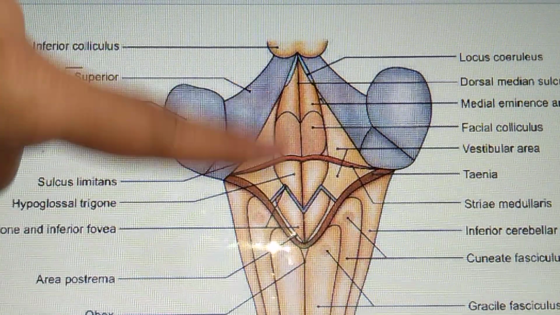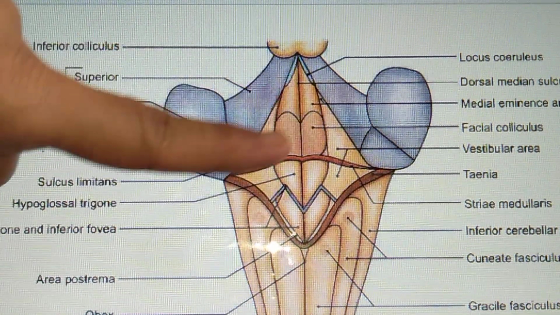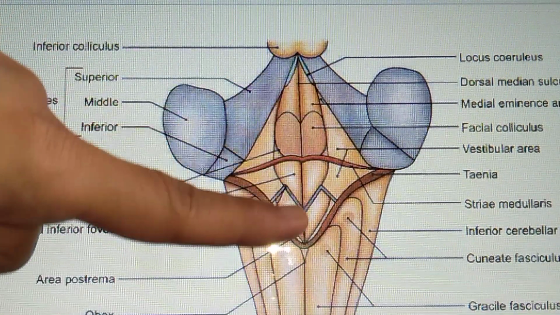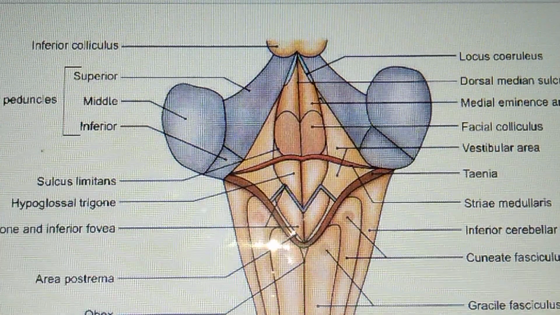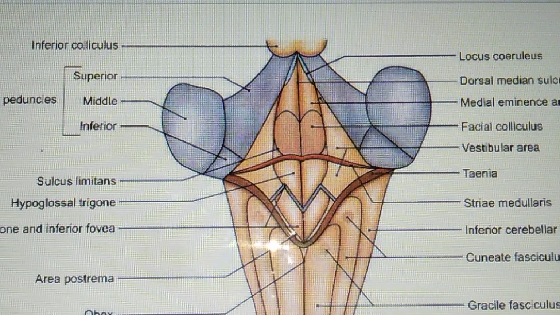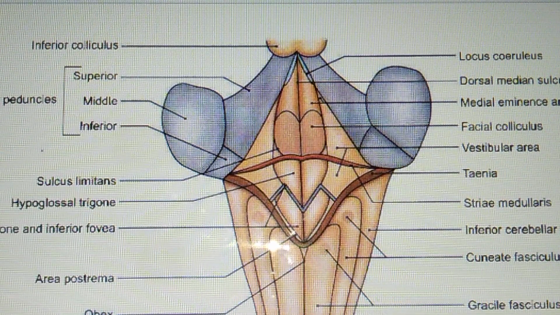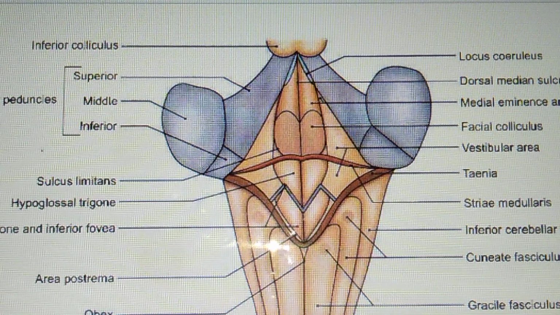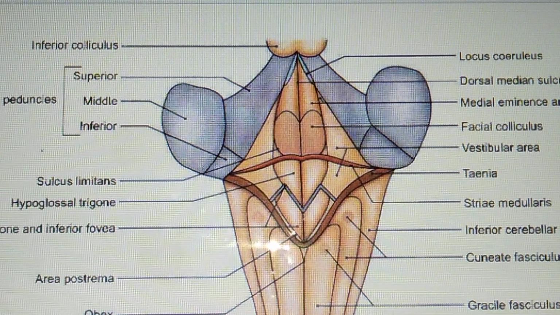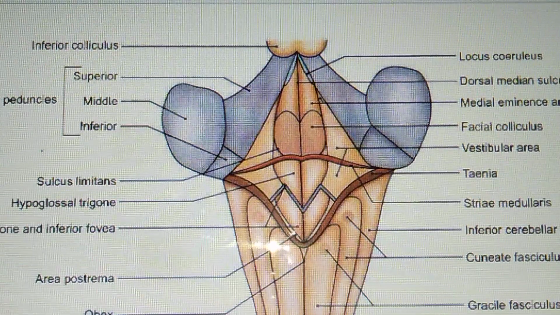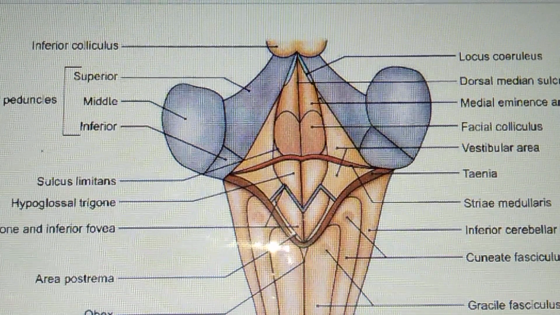So half of the floor lies in the pons and half in the medulla, as we have seen with the pons and the medulla. Deep to the floor, there is a layer of grey matter containing various cranial nerve nuclei that form very vital centers. The floor is lined by ependyma.